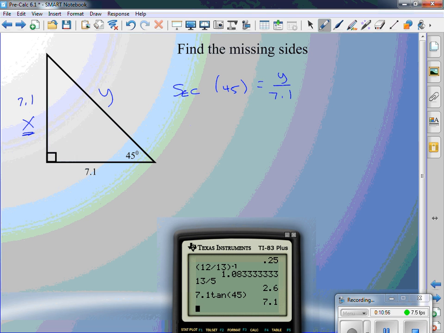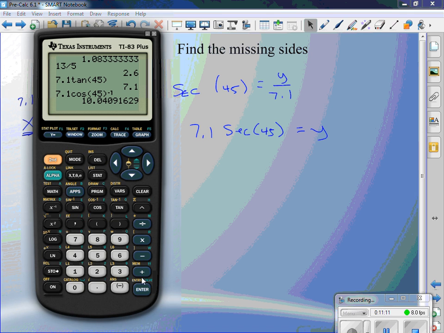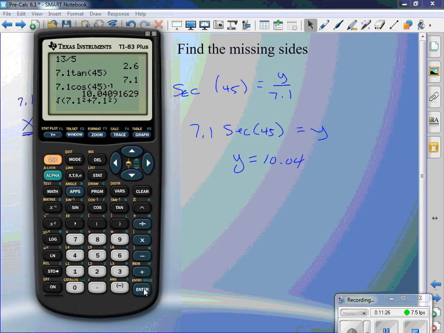It's easier to work with. 7.1 secant of 45 equals y. 7.1 times cosine 45 inverse, 10.04. Now, just to show you Pythagorean Theorem, square root of 7.1 squared plus 7.1 squared, you get the same answer. Either way would have given you the correct answer.